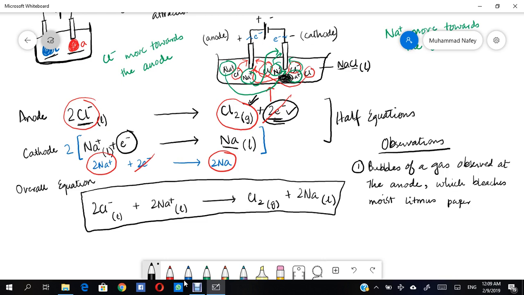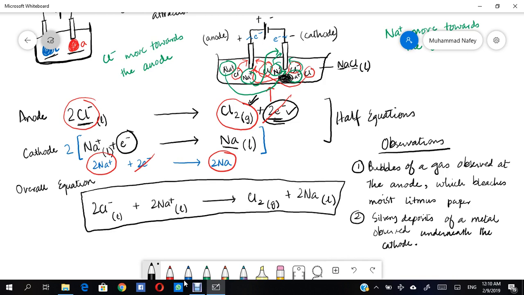So the second observation is that silvery deposits of a metal are observed underneath the cathode. Right. So this is all for electrolysis of sodium chloride.